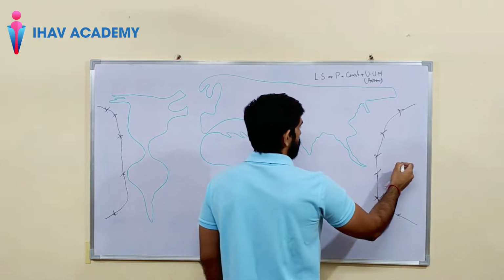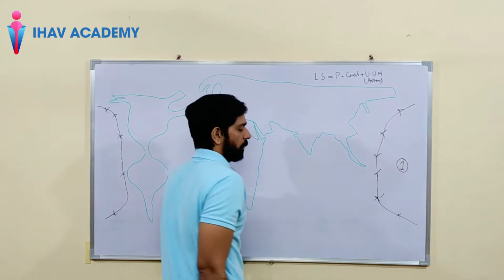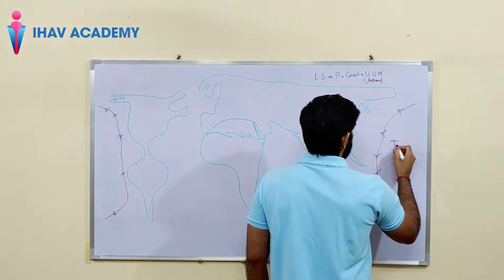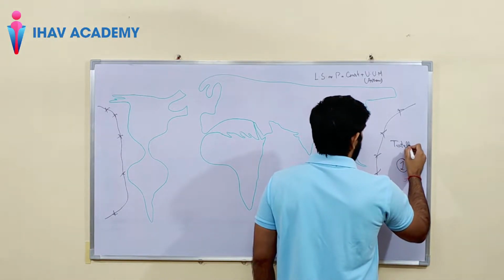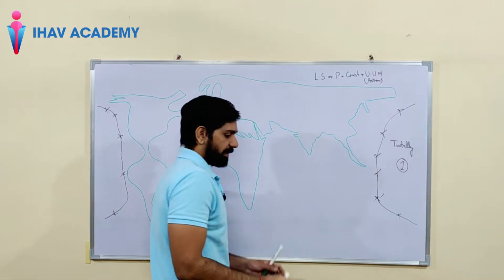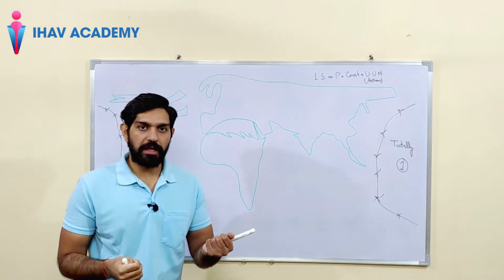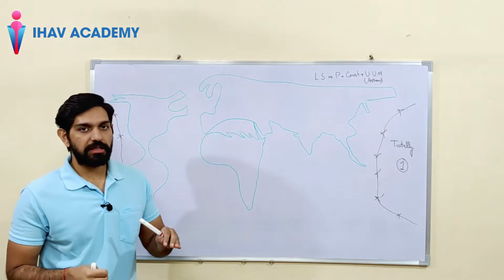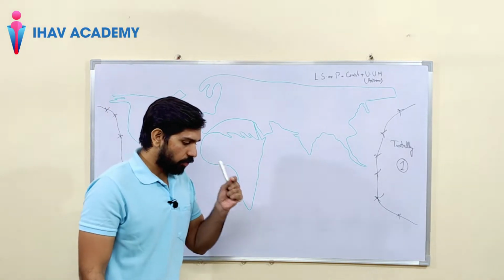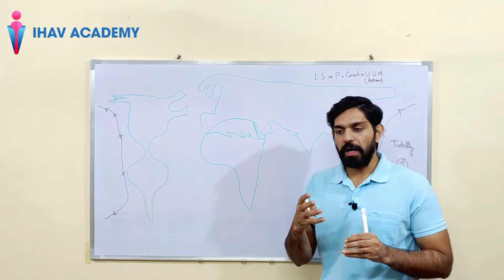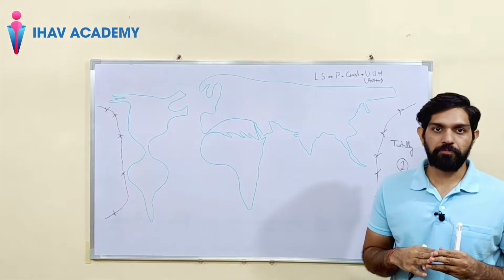This is the first plate, known as the Pacific plate, which is totally oceanic. Some plates can be oceanic, some plates can be continental, and the last category is the mixed plates. Most of the plates come into the category of mixed plates, meaning partly oceanic, partly continental.